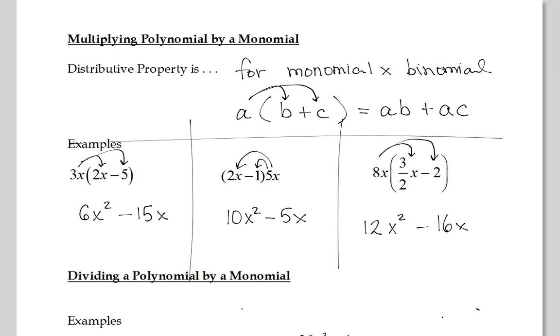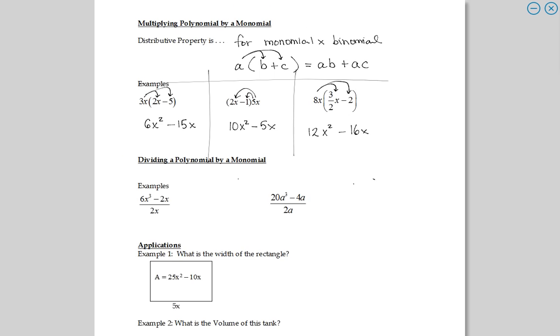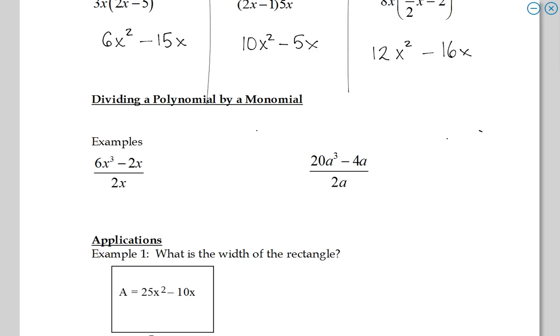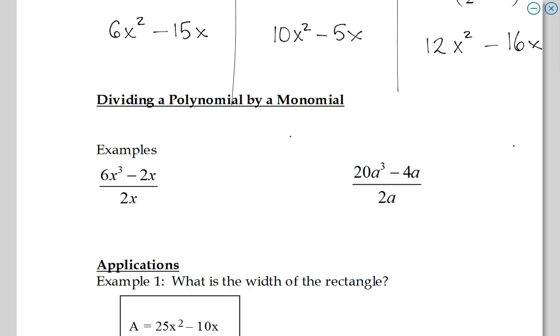So not only are you remembering your exponent laws and your times tables, you also have to be aware of the integer rules for multiplication: positive times positives, negative times positives, and negatives times negatives. Now the last part of this page, dividing, is essentially the same thing. I'll rewrite the first one.